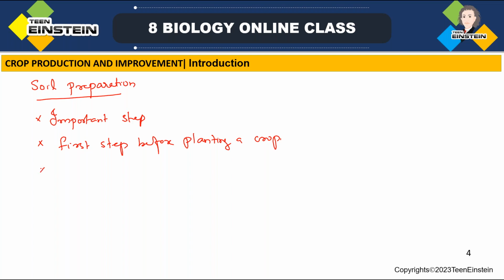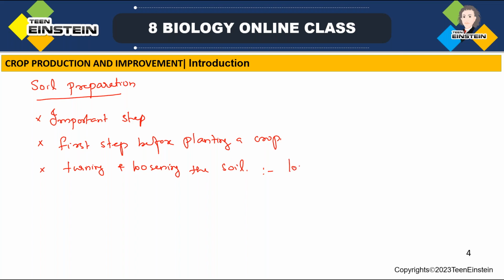If we are doing soil preparation, in the sense of loosening the soil and turning the soil, we need to make the soil loose and turn the soil, right? Why are we doing this step? Turning and loosening the soil allows the root to penetrate deep into the soil.